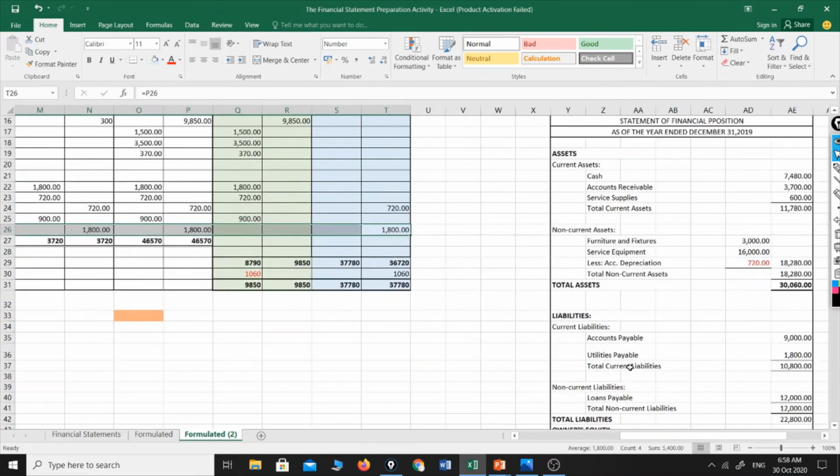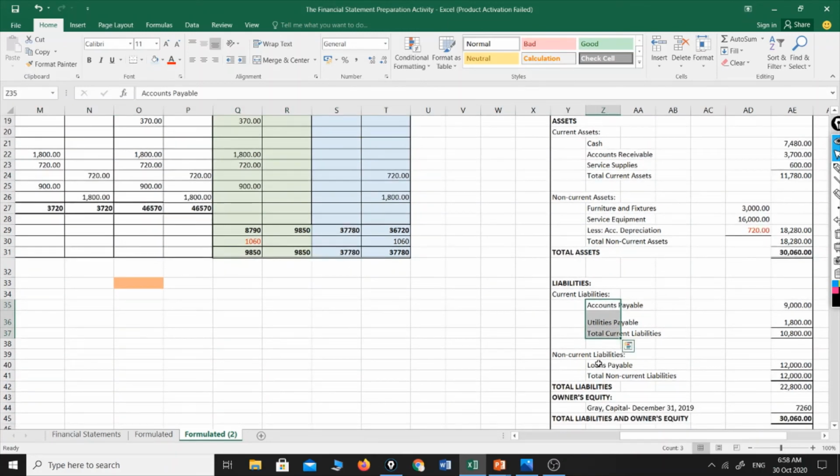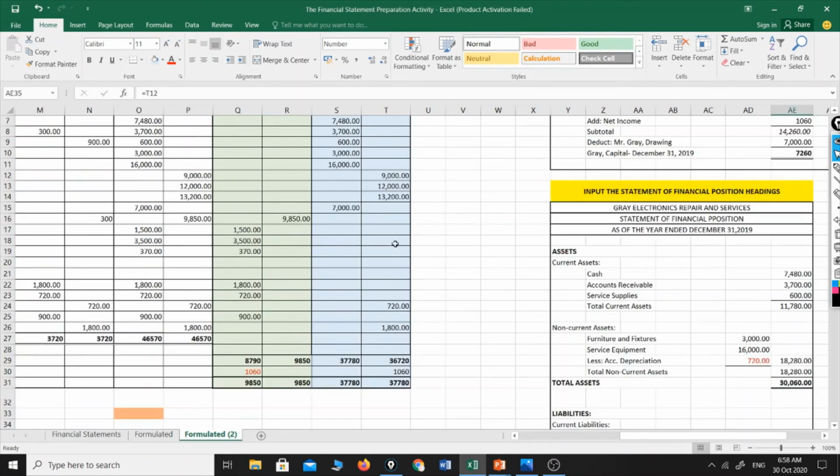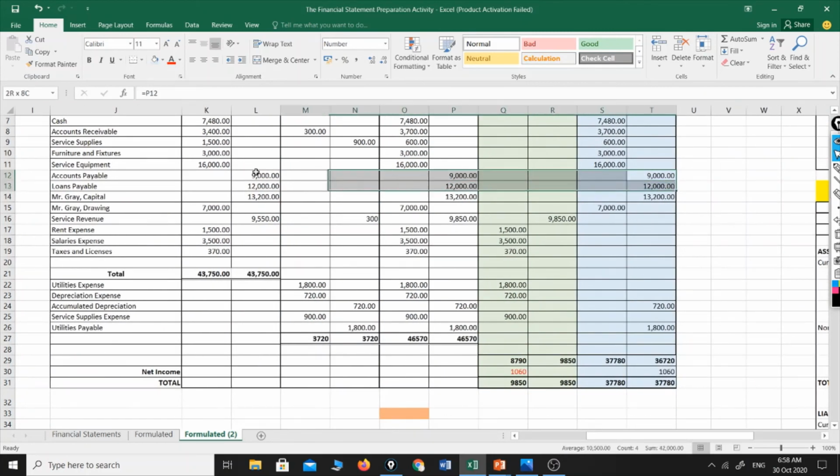So you will just transfer the account titles of current liability as well as non-current liability. Among the liabilities that we've identified, accounts payable and utilities payable are considered current liabilities. So we will just copy the amounts here: accounts payable 9,000 and utilities payable 1,800.